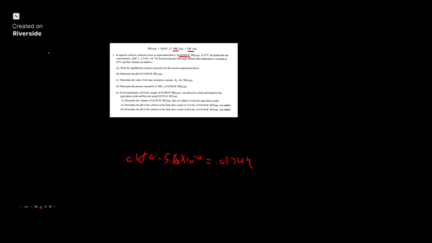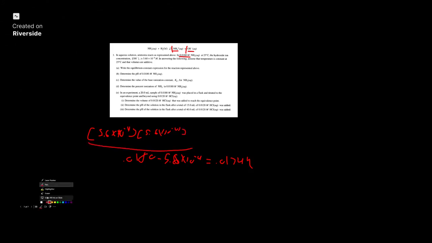So now you can plug this into the equilibrium expression that you guys already wrote earlier. So 5.6 times 10 to the negative 4. And you can just assume that your acid concentration will equal the concentration of your base, because it's a 1-to-1 molar ratio. So you do 5.6 times 10 to the negative 4 again for the concentration of your acid.